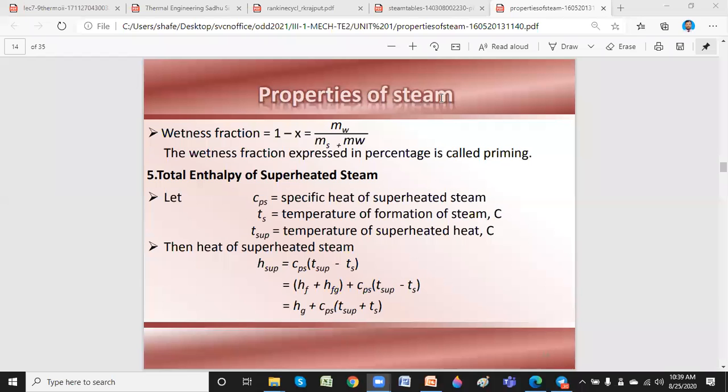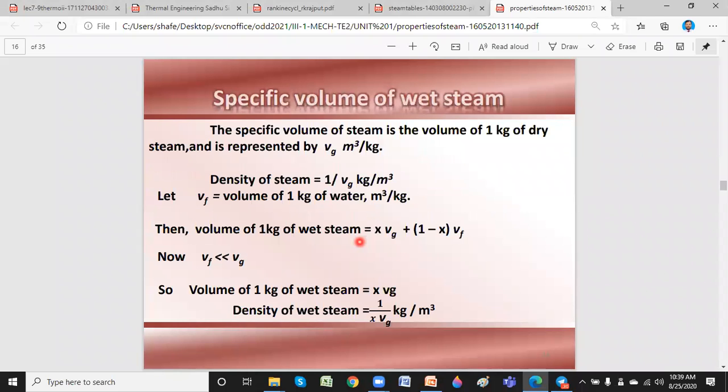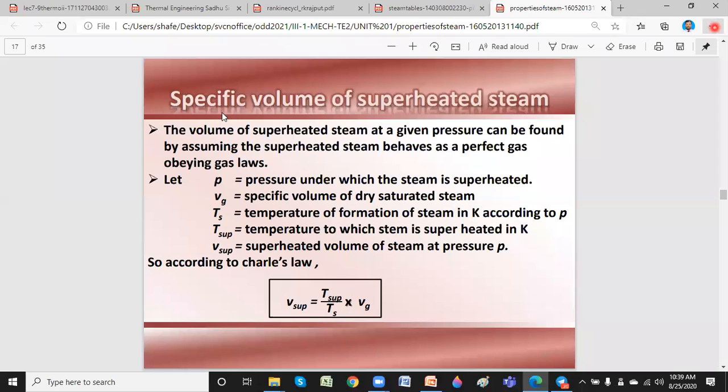Now this is the specific volume of wet steam, and this is how I can calculate the specific volume of superheated steam. Similarly, you can calculate entropy also. Here you will get a variation with superheated steam, because superheated vapor occupies a very high volume. So I must know the superheated temperature in absolute.